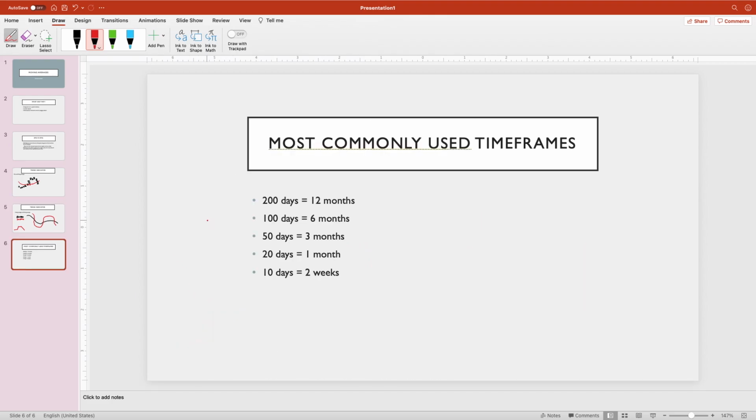Now if you're using the moving averages for your trading, these are the most commonly used time frames. You have the 200 days, which is basically a year, or 12 months, 100 days, 6 months, 50 days is 3 months, 20 days is 1 month, and 10 days is 2 weeks.